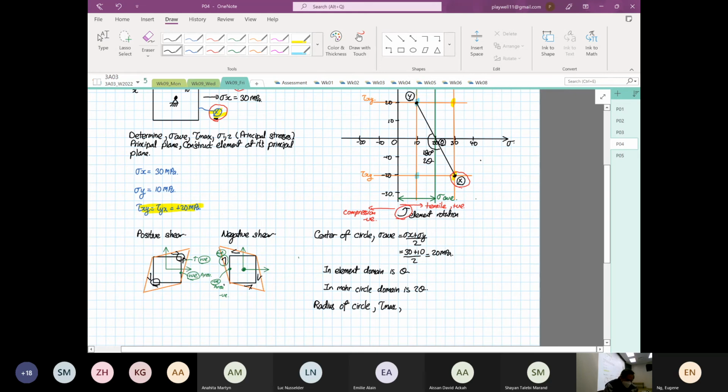So the radius of the circle is equal to 10 squared plus 20 squared, and you square root the whole thing, which is equal to 22.36.